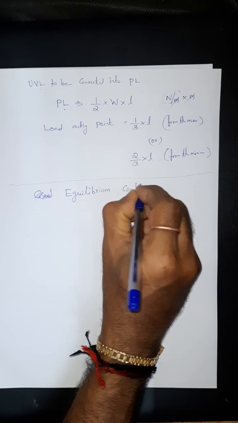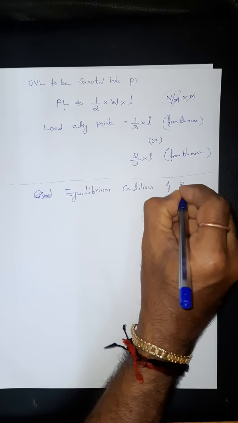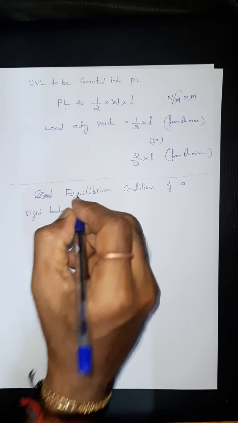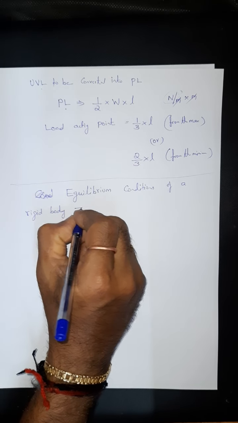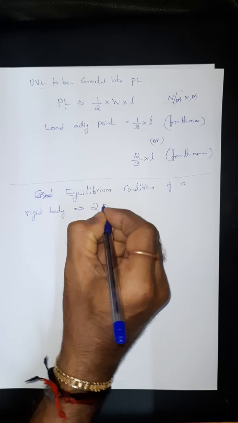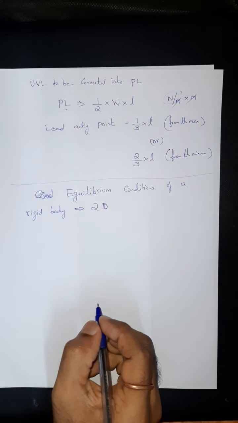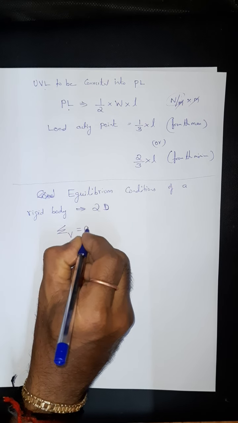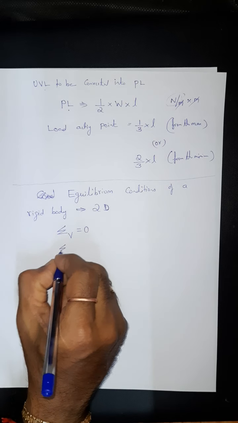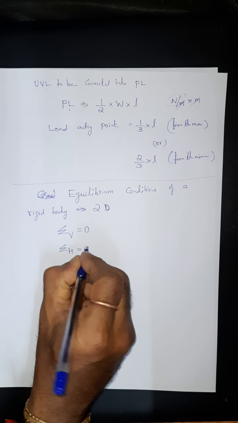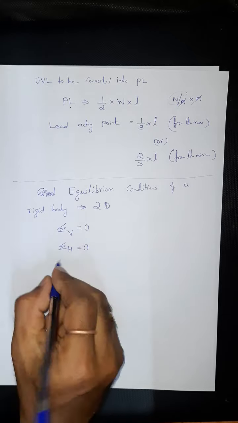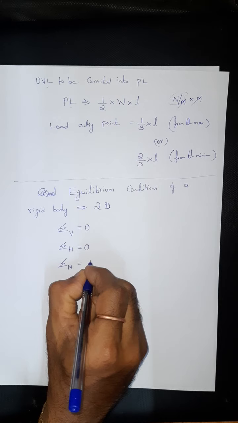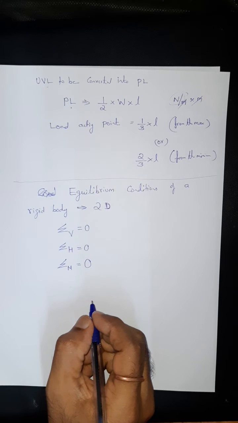Equilibrium conditions of a rigid body for 2D, that is 2 dimensions, shall be summation V equal to 0, summation H equal to 0, right, and the sum of moments acting on the particular body is 0, right.